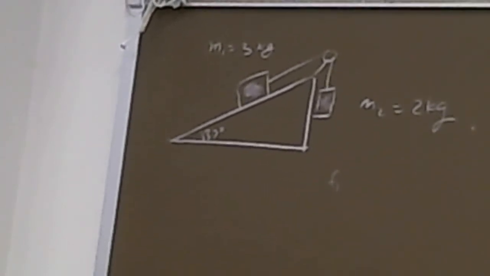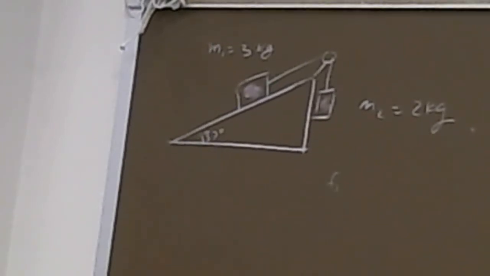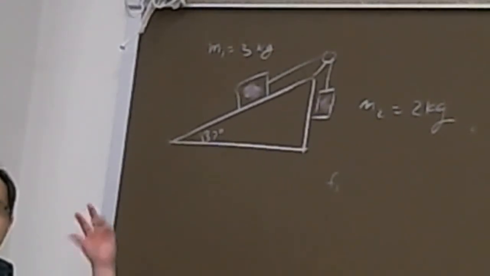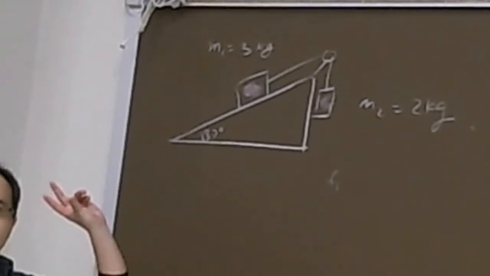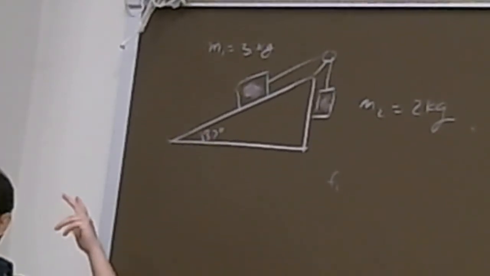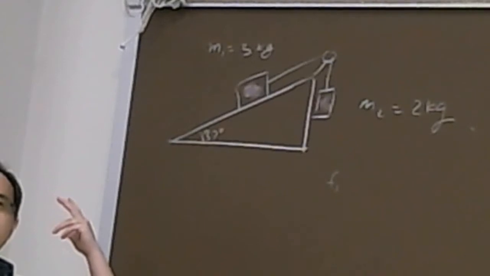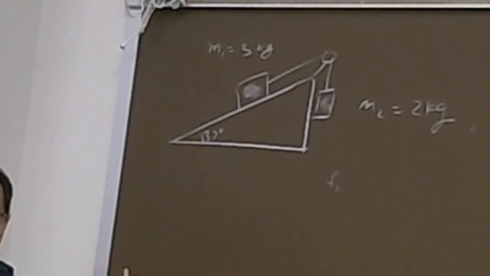Basically, in fact, part A is more complicated than part B and C. B and C are very straightforward. Part A, whenever you have to deal with static frictional force, there is always a problem that you need to determine the actual static frictional force, and it depends on whether the external pulling force can be larger than the maximum static frictional force.